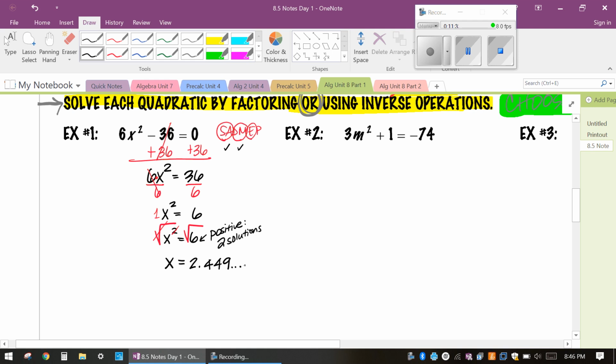We need to round that answer. Now, I didn't leave myself enough space. There's going to be two solutions, a positive and a negative. So you can write them separately or you can put them together. You can write them like this.